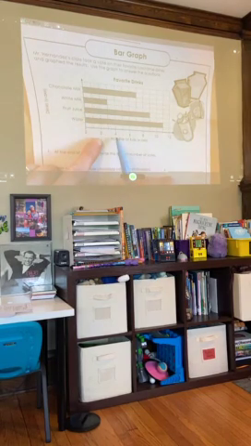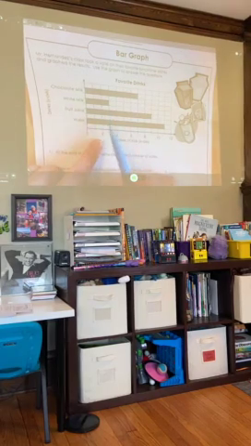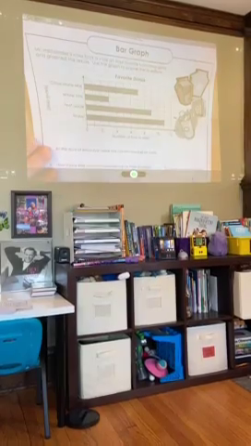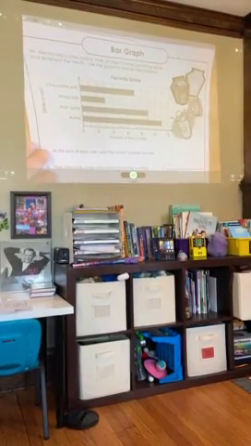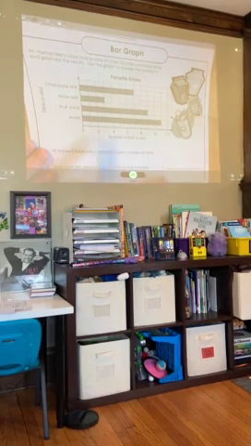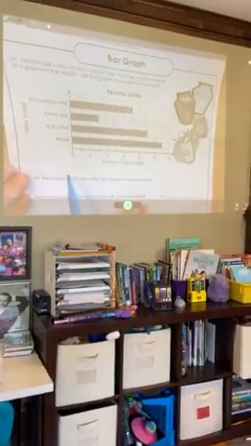What number is between 2 and 4? It's 3. So 3 people had white milk as their favorite drink. When you're analyzing bar graph data, it's really important that you notice if the scale goes up by 1 or by different numbers, because when you get to third grade, they're really asking you to look at the data by different numbers.